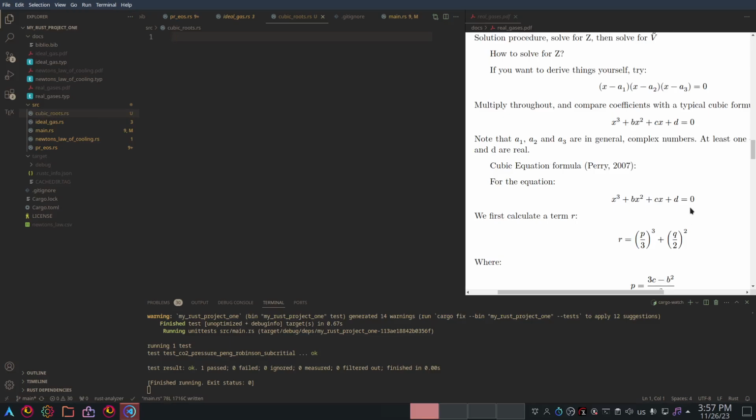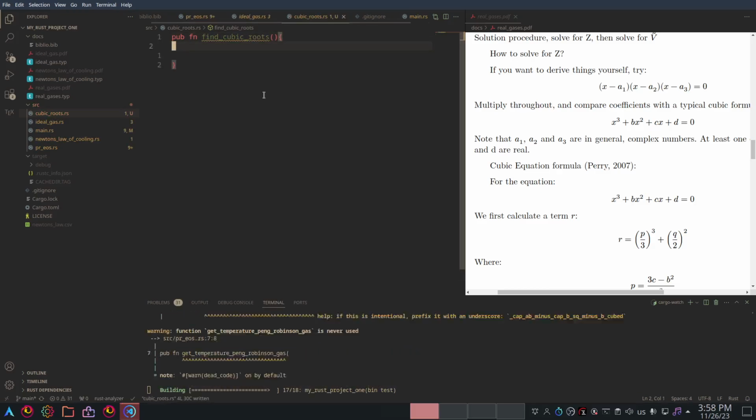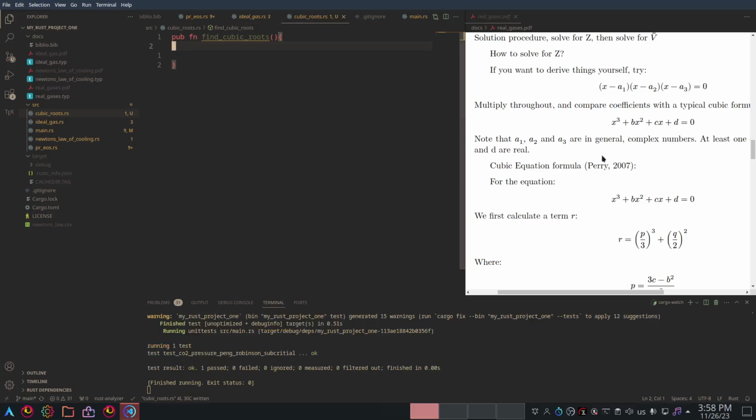What's the basic structure of the cubic roots function? Well, I'm going to make it a pub function, find_cubic_roots, and this is how we're going to start. For the equation, we need it in the form x cubed plus b x squared plus c x plus d.